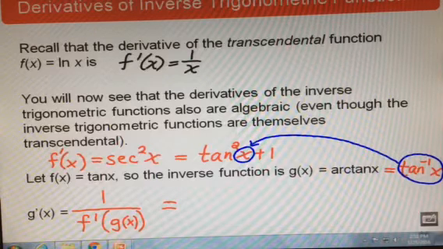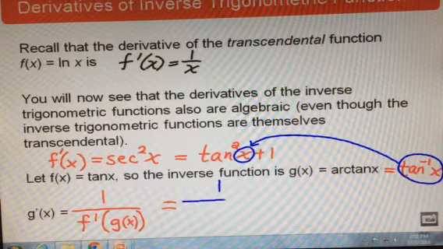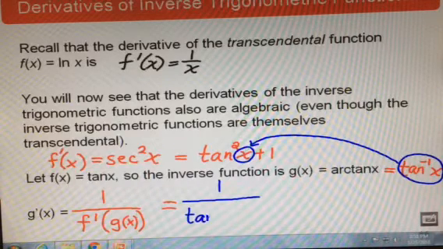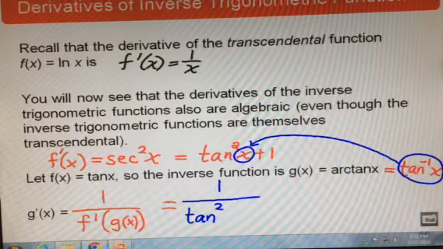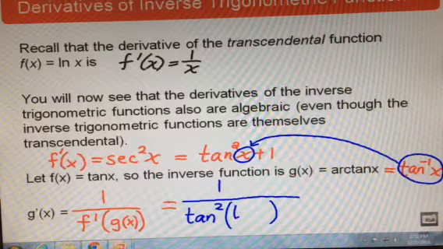So it will be as follows. We have 1 over tangent squared of inverse tangent x plus 1.